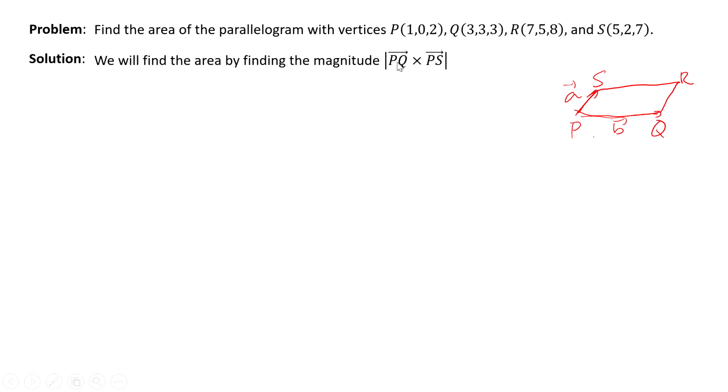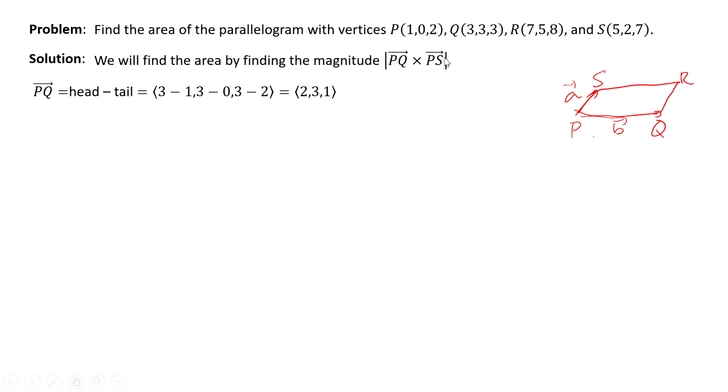But the question is, if we are given points P and Q, how do we find the vector PQ? Simple. Head minus tail. PQ is head minus tail. Q is the head, P is the tail, because the vector starts at P and ends at Q. So 3 minus 1, 3 minus 0, 3 minus 2, and that's what I wrote, 2, 3, 1.